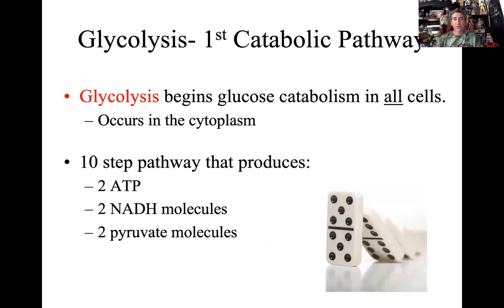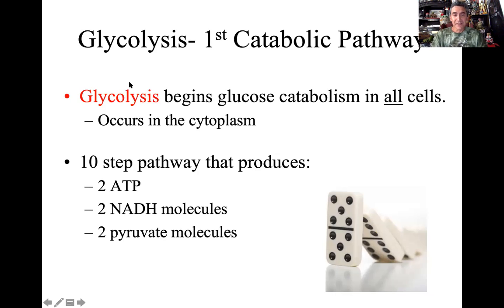So what is glycolysis? Glycolysis is a catabolic pathway comprised of 10 chemical reactions, right? 10 steps, 10 chemical reactions that generate 2 molecules of ATP, 2 NADH molecules, and 2 pyruvates. And we haven't really covered these. We haven't discussed NADH. We haven't discussed pyruvate yet. All we've focused on is ATP, adenosine triphosphate, right?